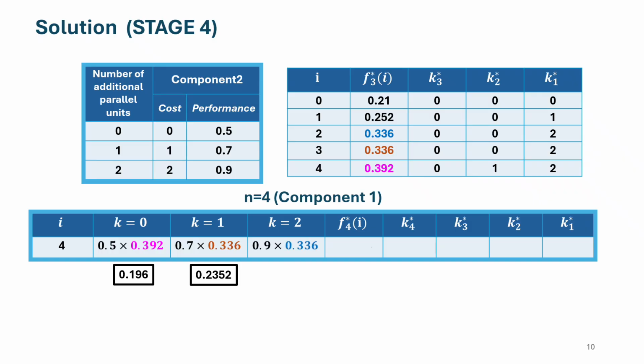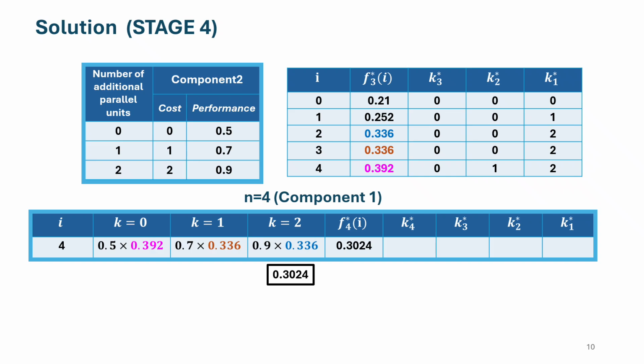The cost is $2, leaving a remaining budget of $2. The performance is 0.9. Multiplying 0.9 by the previous best performance for a budget of 2, which is 0.336, results in 0.3024. Comparing these 3 outcomes, we select the highest value, which is 0.3024.